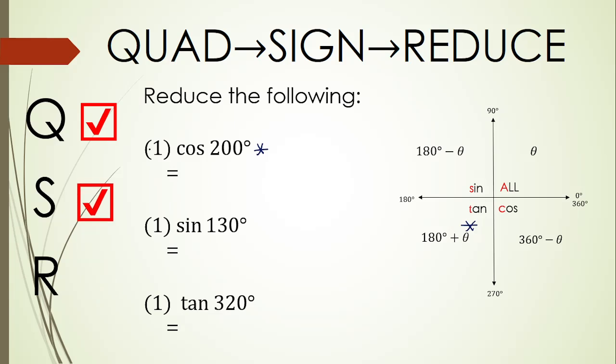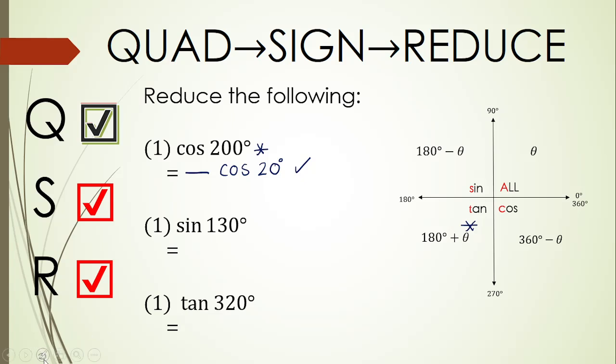Great. What do I know about the cos in that quadrant? Well, that's tan's quadrant, so cos is negative. And then I do the reduction. 180 plus what is 200? Well, 20. So this becomes negative cos 20. Done.